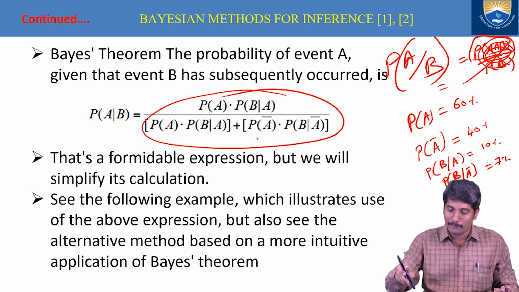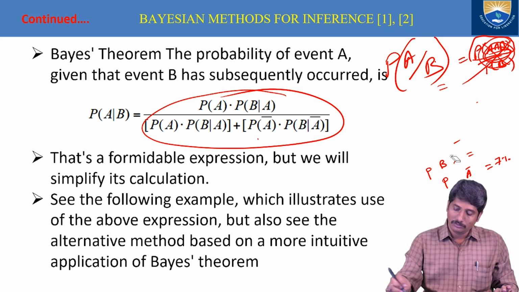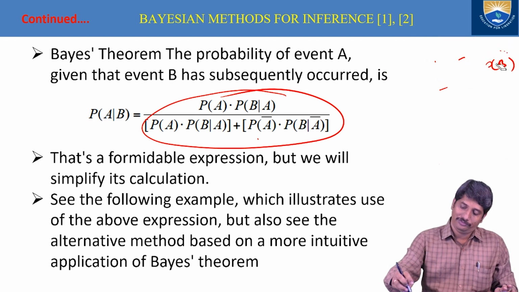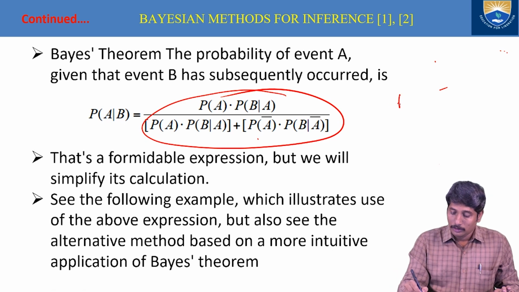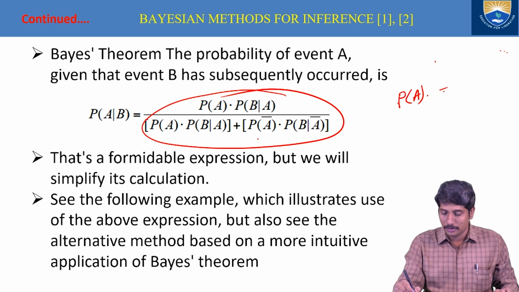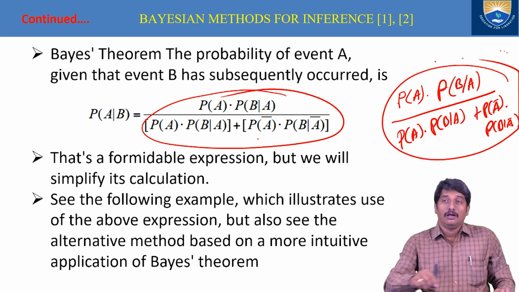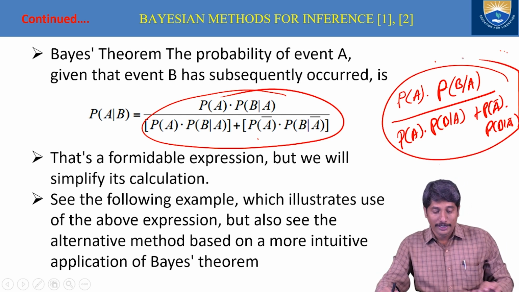It is a ratio: P of A into P of B given A, divided by P of A into P of B given A, plus P of A complement into P of B given A complement. This is the alternative formula to find the revised probability P of A given B.